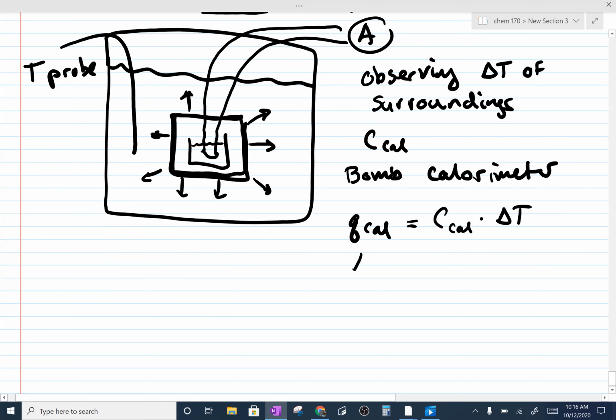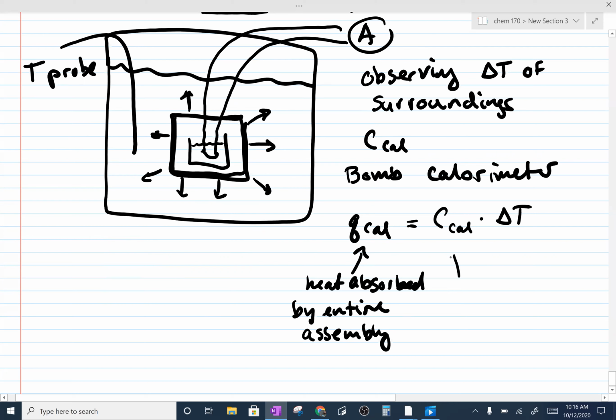This is the heat that's absorbed, and this is absorbed by the entire assembly.